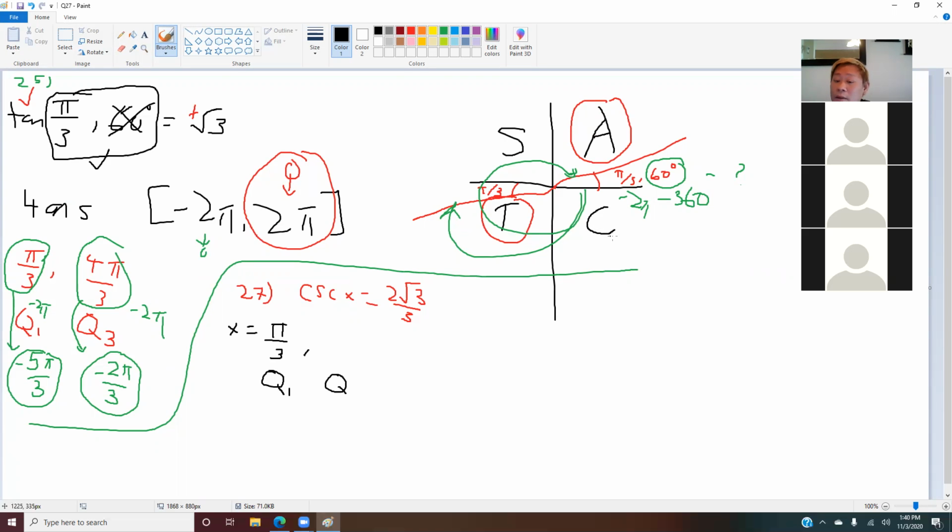C stands for cosecant, so quadrant 2, which is the same as secant, right? Yep. So what is pi over 3, or 60 degrees, in quadrant 2 now?